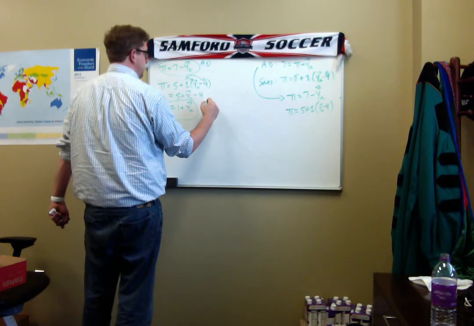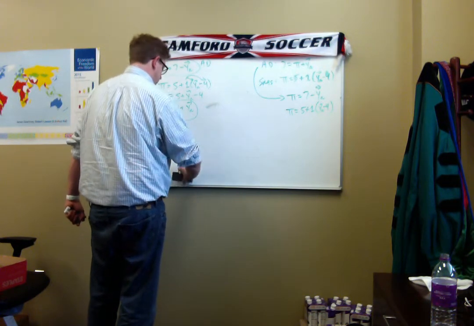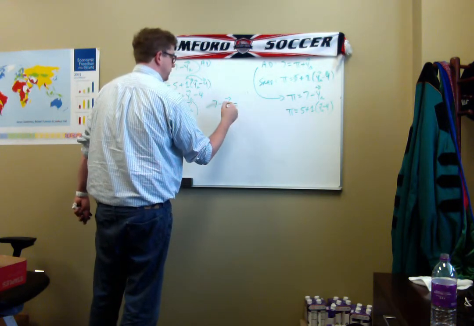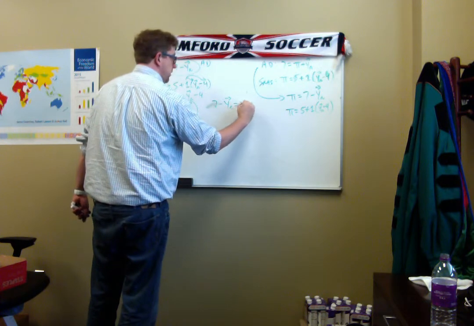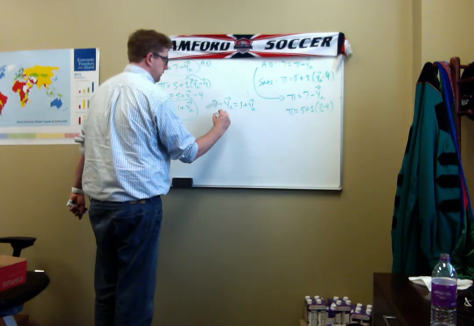Set these two things equal to each other. So on the aggregate demand side, we have 7 minus the real growth rate is equal to, on the aggregate supply side, 1 plus the economy's real growth rate.